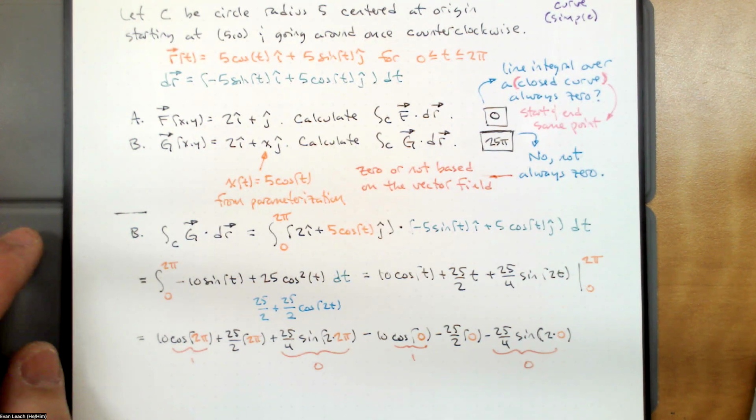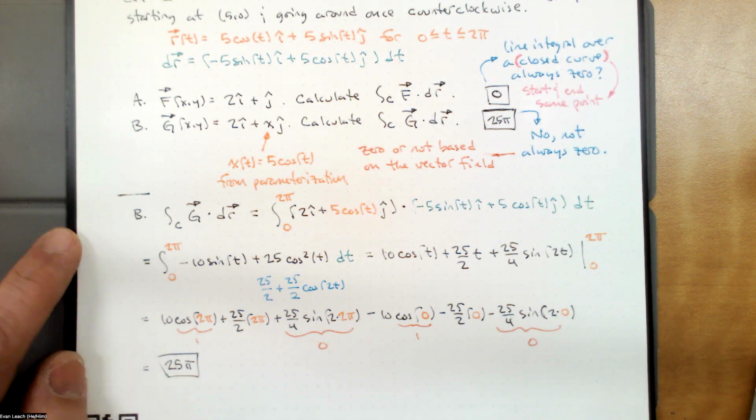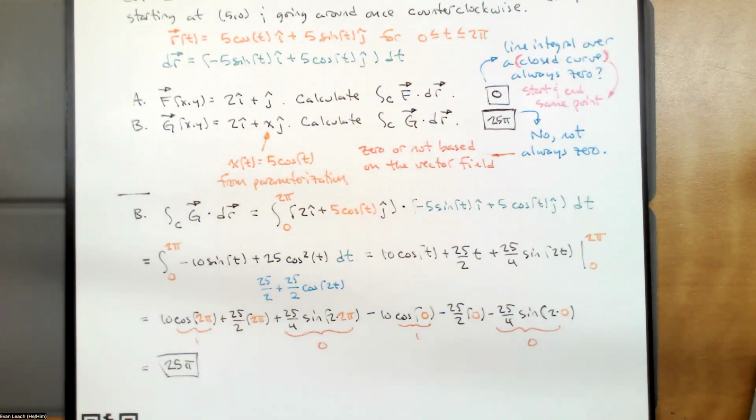This term 25 over 2 is 0, and so we end up with 25 pi. The thing that we want to note is that we went around a loop. We integrated this vector field around a loop, a closed curve, and we did not end up with 0.